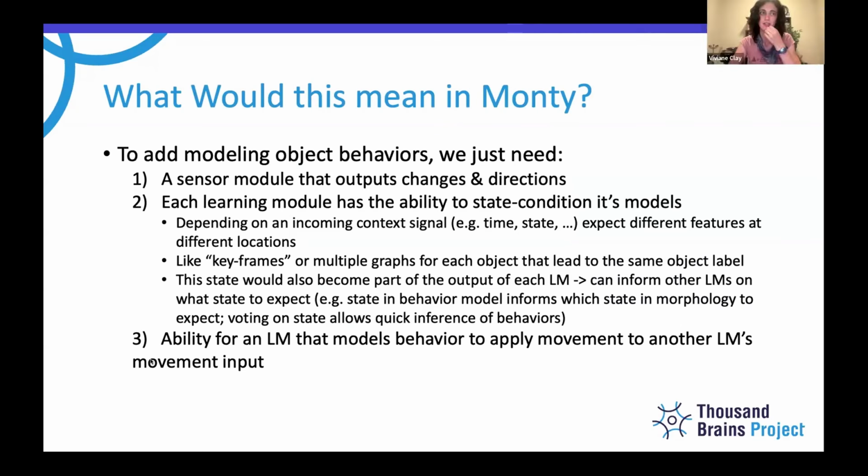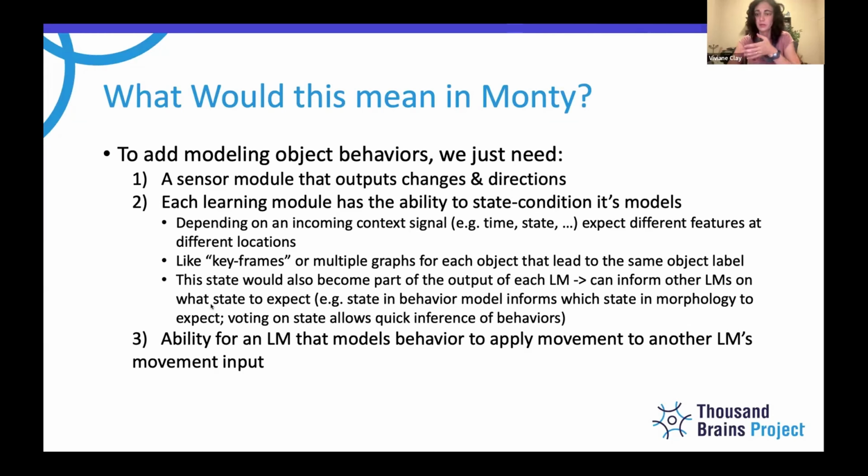Actually, I was just thinking we could start with 1 and 2 while 3 is not completely figured out yet. Just testing what we learn if we connect a sensor module that sends changes to a learning module. Does it learn a behavior? Can it recognize a behavior? And then also adding the capability for learning modules to model time or different states.